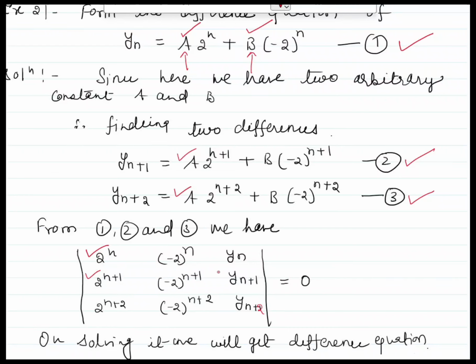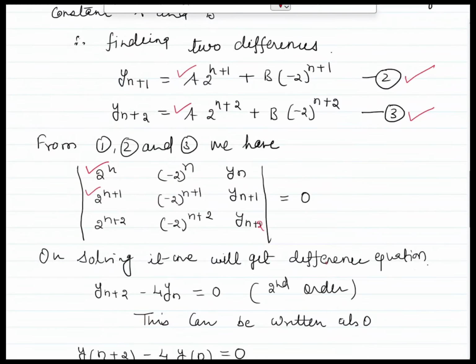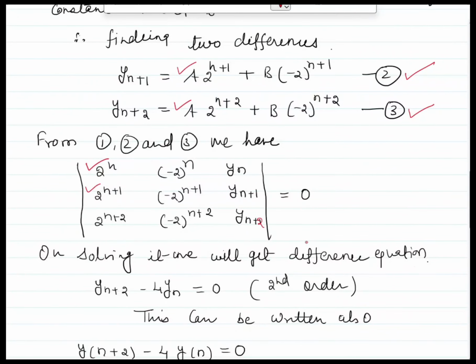And if we find the determinant of this, obviously we will get our difference equation, because I think everyone knows how to find the solution of a determinant. We just take this, multiply this by this, minus this by this, then take minus with this, again multiply this by this, minus this by this, then take plus y(n), this into this, minus this into this.